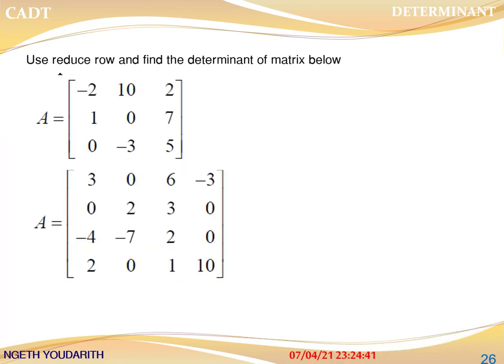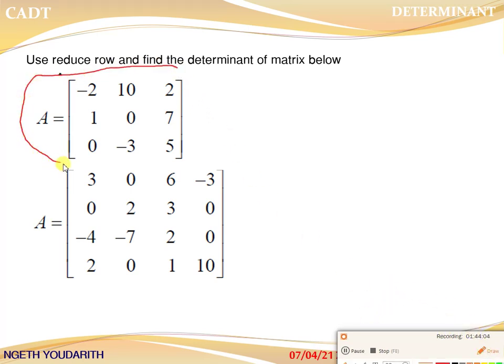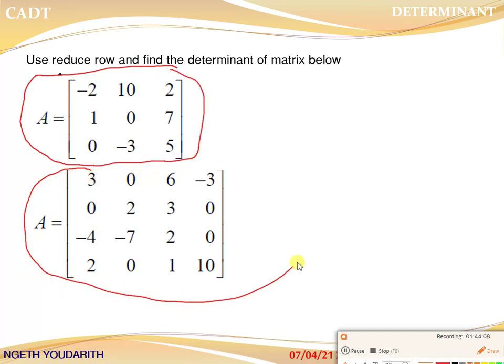Use reduced row to find the determinant of the matrix below. So we use reduced row. We start with this matrix. First, by reduced row, we can find the determinant of the matrix.